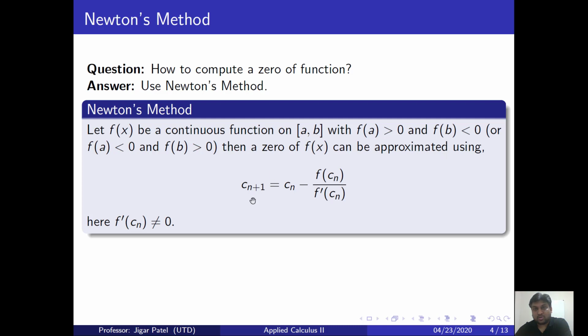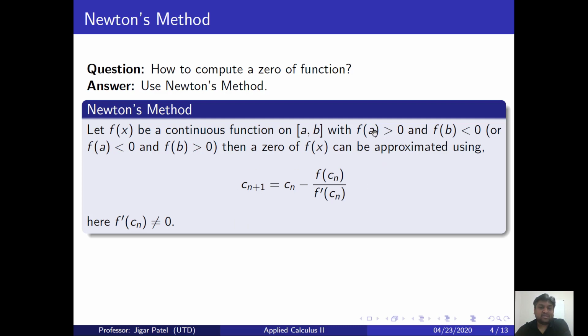c sub n plus 1 is obtained from the nth approximation using this formula: c sub n minus the function evaluated at c sub n divided by the derivative of the function evaluated at c sub n. Again, like Euler's formula, this is an iterative formula, meaning you need to start with your initial guess c0.